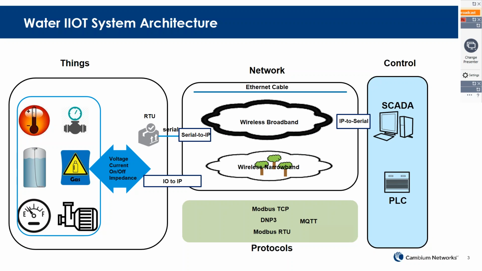For example, it's very typical that the sensor will generate output such as electrical voltage, electrical current, dry contact on and off, or impedance. For example, a temperature sensor will measure the temperature, and the outcome will be a different level of voltage. A pressure sensor will generate a different level of current depending on the level of the pressure.